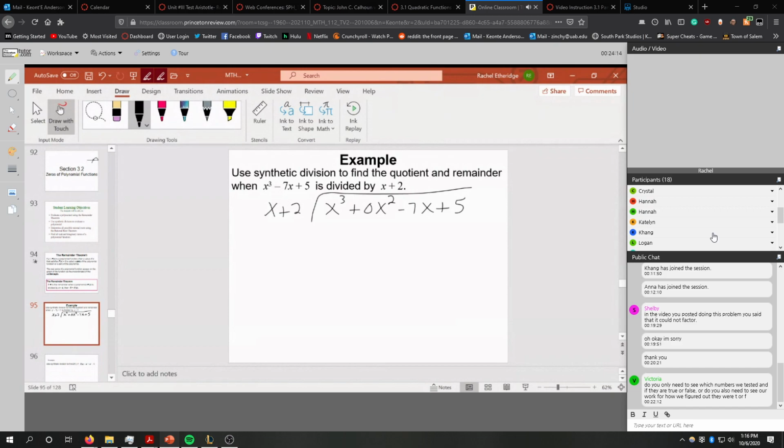Well, synthetic division is just a little bit of a shortcut for us. You bring down the coefficients of each degree. So this is an understood 1, 0, -7, 5. And then I take my factor and I set it equal to 0, and I actually find what that number would be.